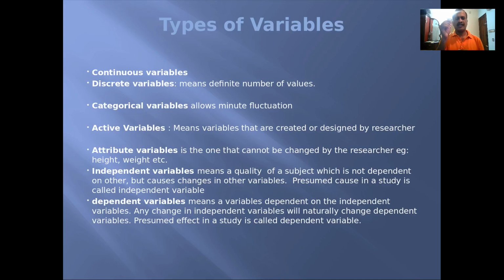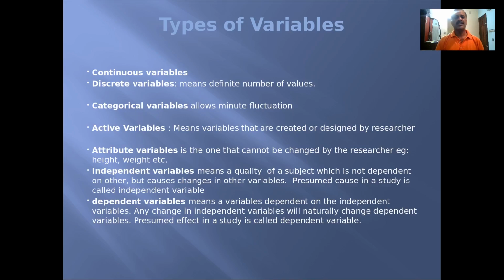They will say either 1 or 2. There are no decimal values in that. For example, I cannot say that I have 1.5 children, either 1 or 2. That is a definite number. So these types of values we call discrete variables.